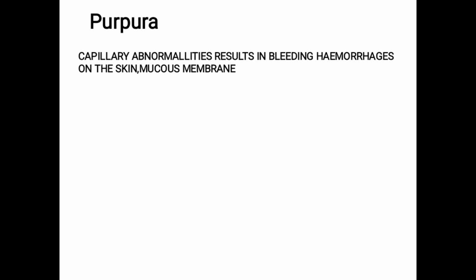So whenever there is a capillary abnormality, it results in bleeding, hemorrhages on skin and mucous membrane. So capillaries are the very smallest blood vessels, surrounding the tissues, where quick exchange of oxygen and carbon dioxide takes place between the tissue and capillaries. So because of the capillary abnormalities, there is bleeding, hemorrhages.